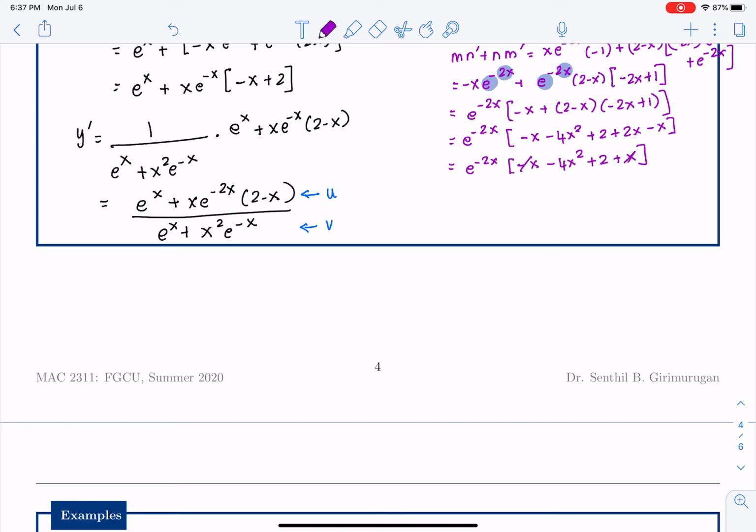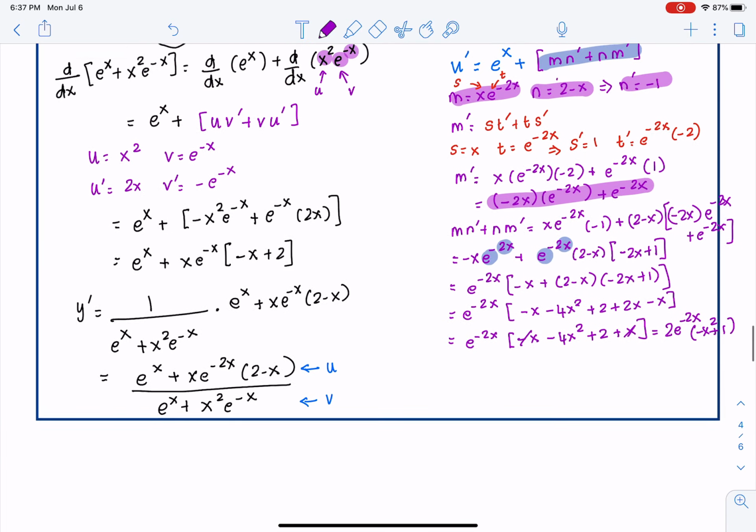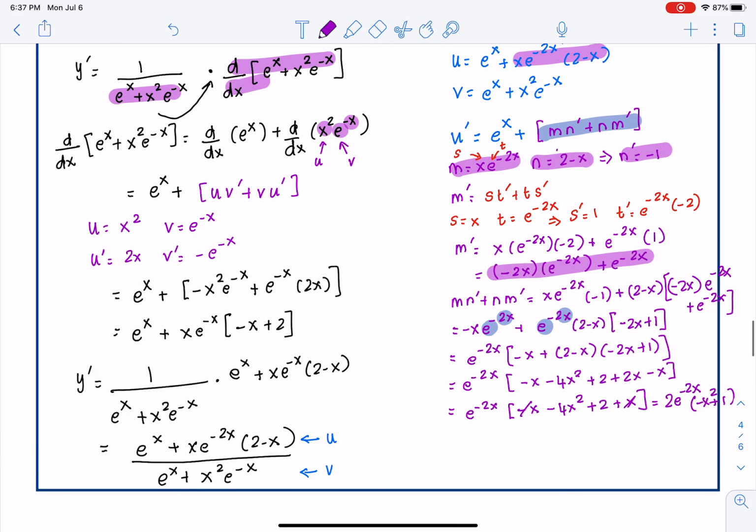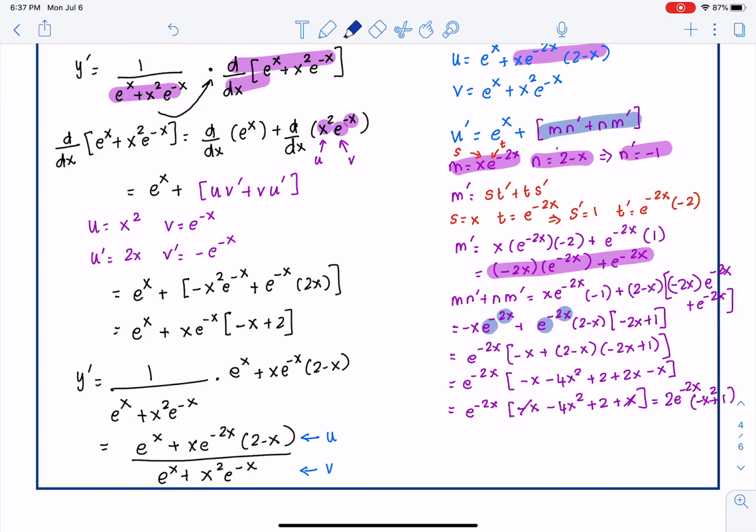Those two would go away. I have the 2 in common. If I pull that out, 2 e raised negative 2x multiplied by negative x squared plus 1. That is u prime. So we found u prime.